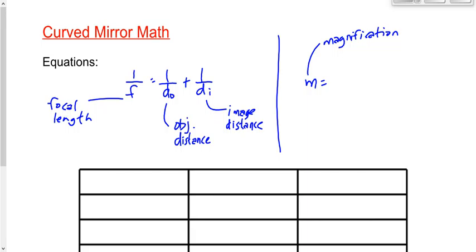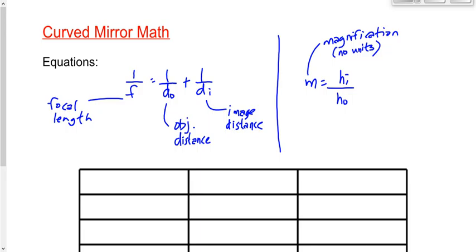Magnification is how big the image is compared to the size of the object. There are no units. It's just a number. Sometimes you see an X after it, but there are no units. And why are there no units? Well, if you look at the equation, the units end up canceling. What do you think hi stands for?